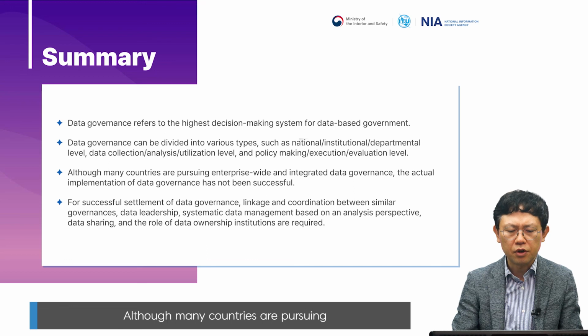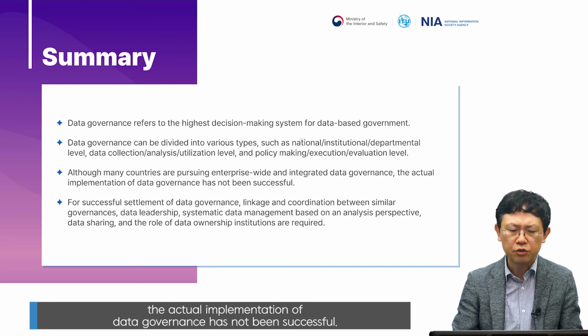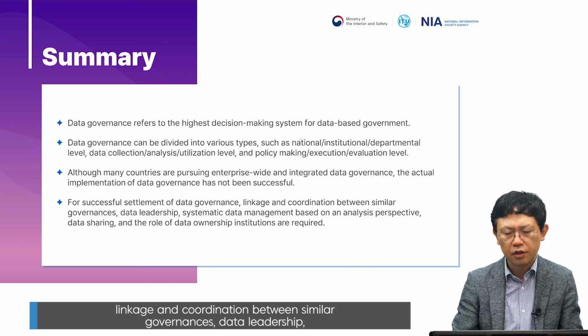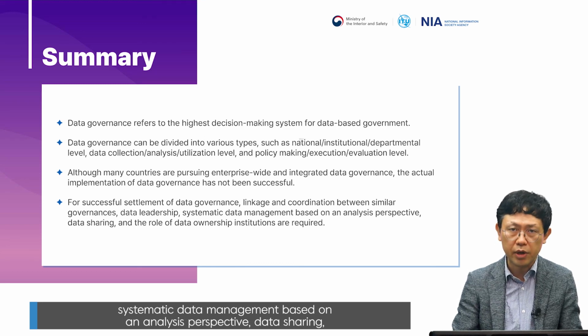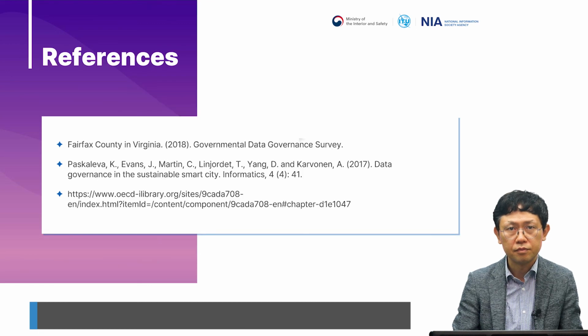Although many countries are pursuing enterprise-wide and integrated data governance, the actual implementation of data governance has not been successful. For successful settlement of data governance, linkage and coordination between similar governances, data leadership, systematic data management based on an analysis perspective, data sharing, and the role of data ownership institutions are required. Thank you.